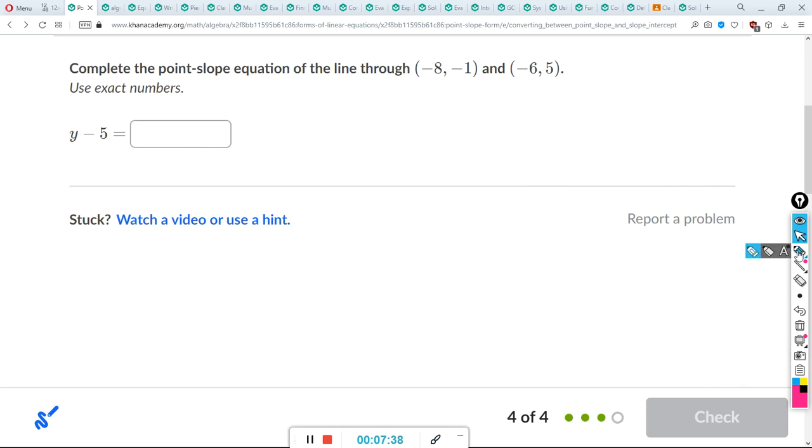Alright, one more. Because these are all the same, you start with slope: change in y over change in x. You can subtract either direction, but do it the same way both times. So for change in y, we look at the second number: 5 minus negative 1.